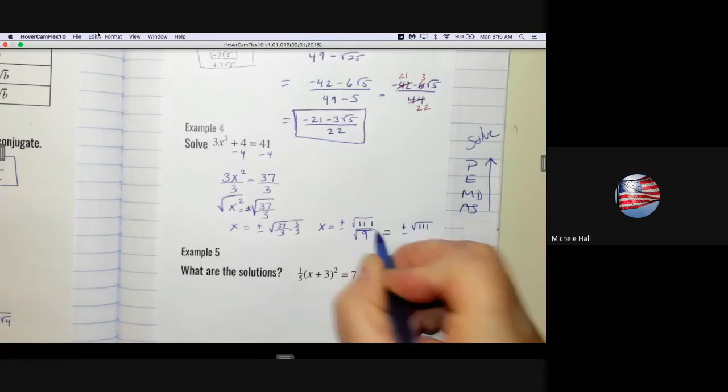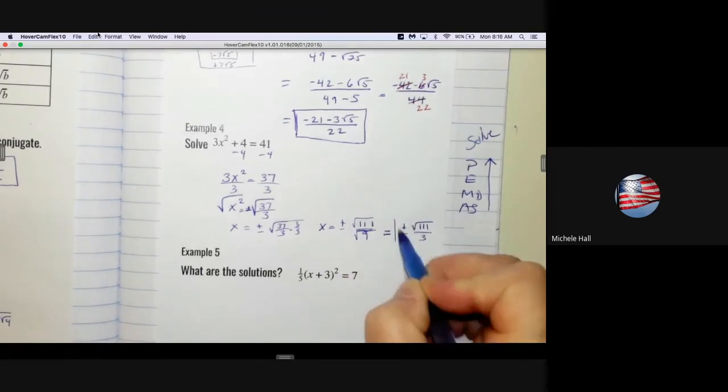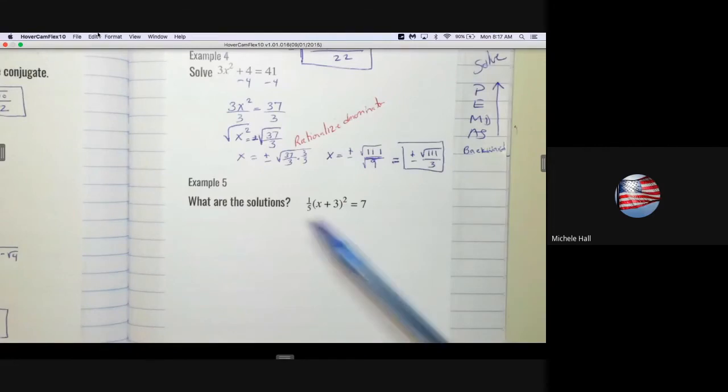The square root of 9 is 3. Final answer.